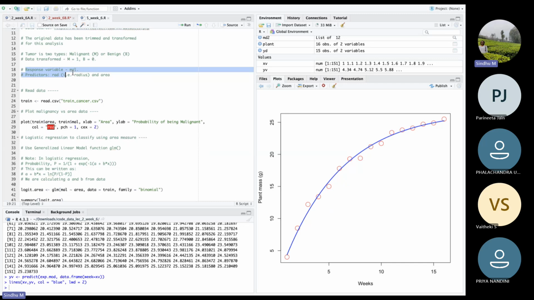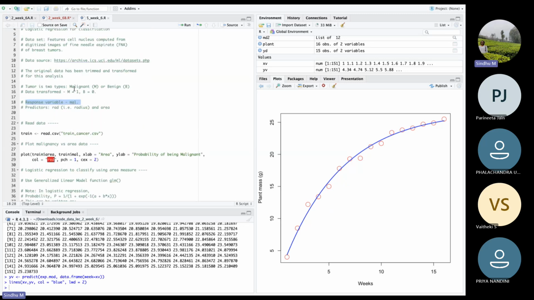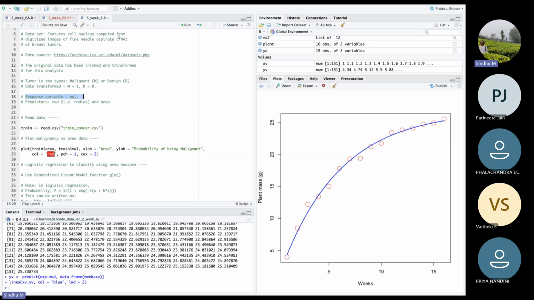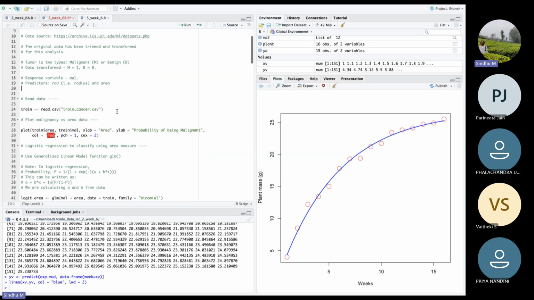This is finally what we want to predict. We want to predict based on the nucleus image whether the tumor is malignant or benign. In this case, we have the nucleus radius and the nucleus area. So this is the problem that we have.